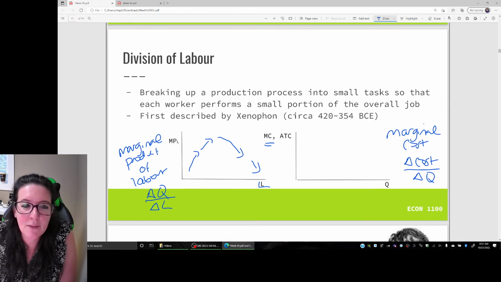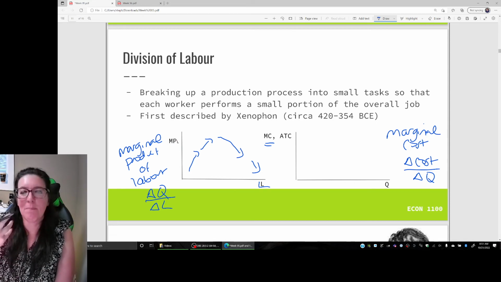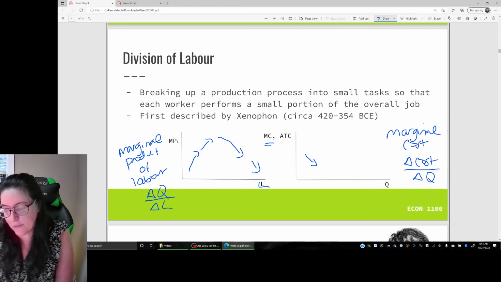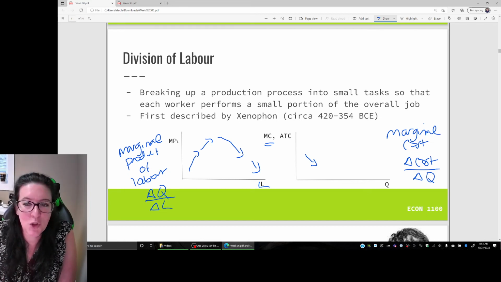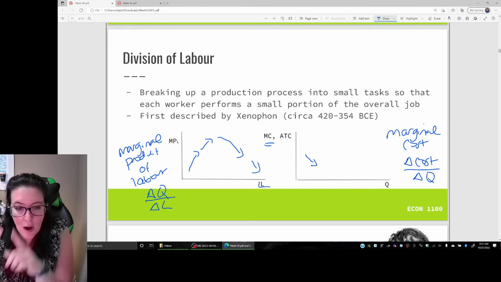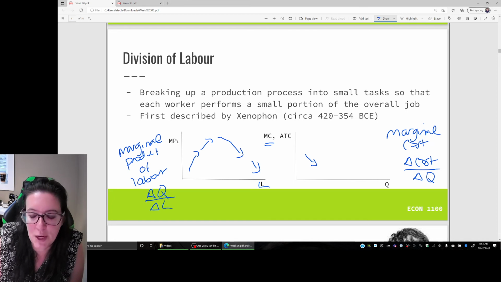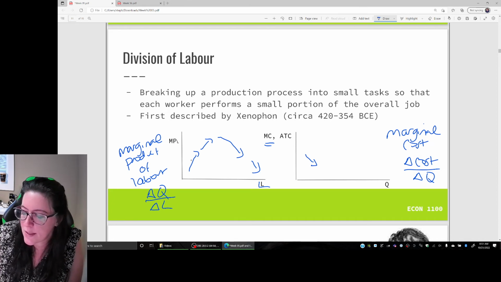Well, initially, if the workers are each able to add more to the production, then our costs are going to go down. Okay, the additional cost to make one more unit is going to go down. And these little triangles that you see here, this just means change. It's a mathematical symbol, delta, means change. So the change, the extra cost from change of quantity. All right, so as long as that marginal product of labor is going up, the marginal cost will go down.